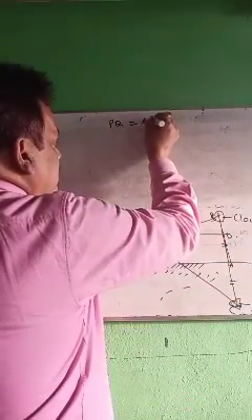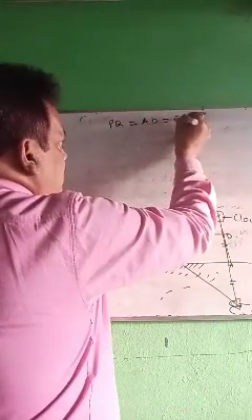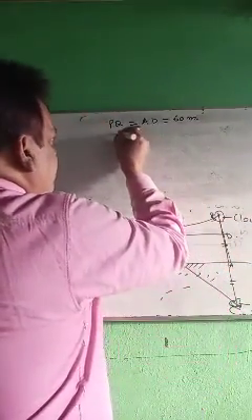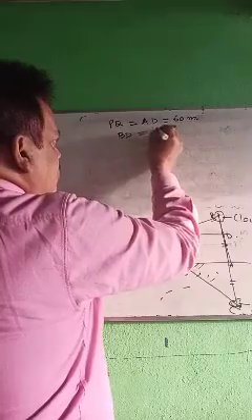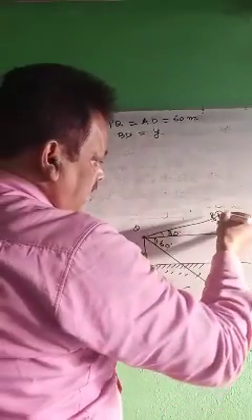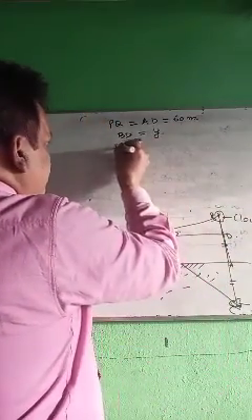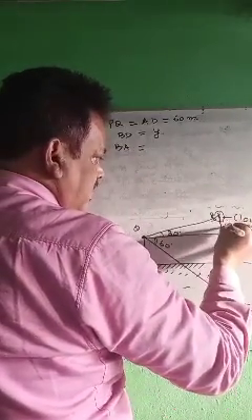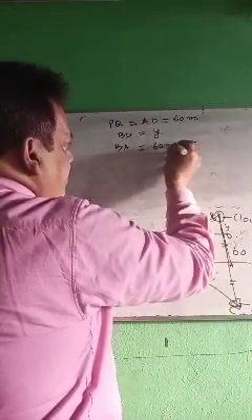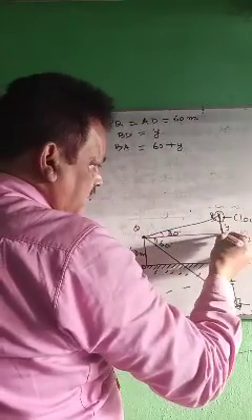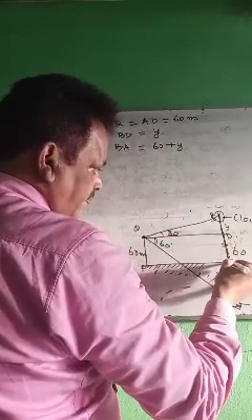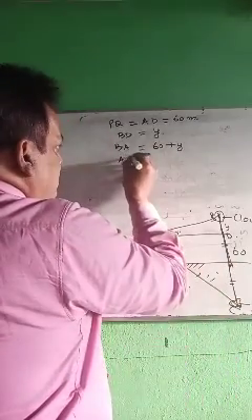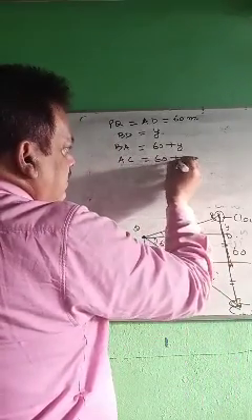AD, that is 60 meter. Suppose BD equals to Y. Then BA is how much? This is 60, this is Y. 60 plus Y. If this is 60 plus Y, this is also 60 plus Y. The AC is also 60 plus Y.